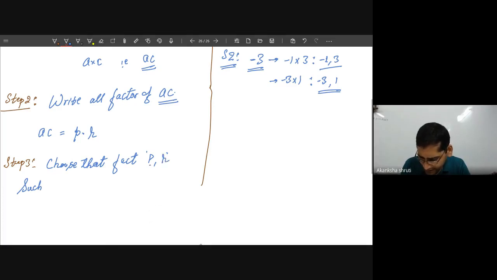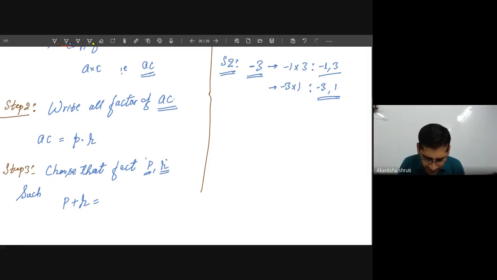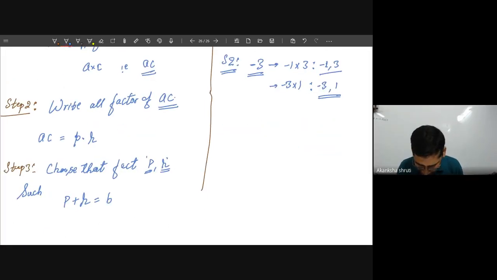One factor is P, another factor is R. So these P and R, that factor we have to choose such that this P plus R gives us the middle term B. This is the main criteria of choosing the factor, or this is the important step.